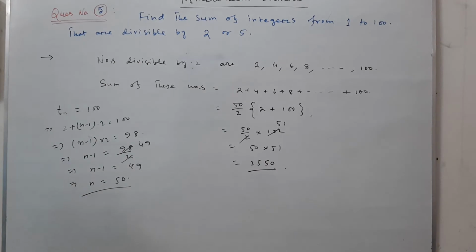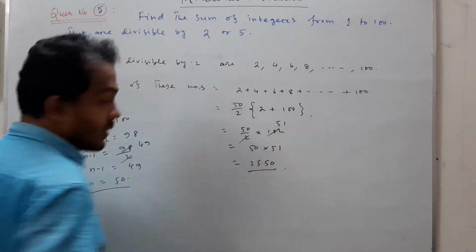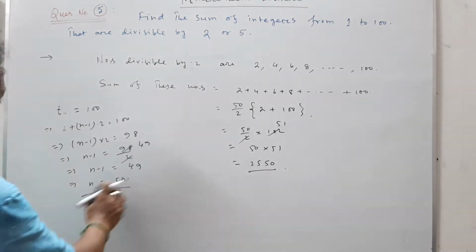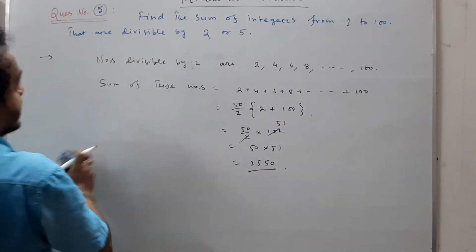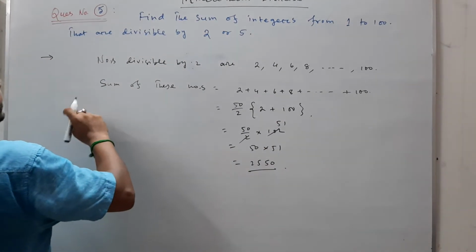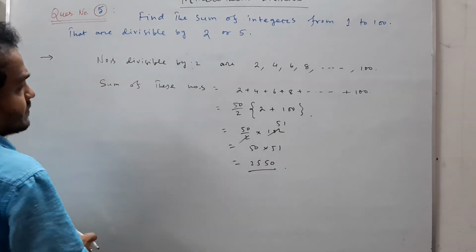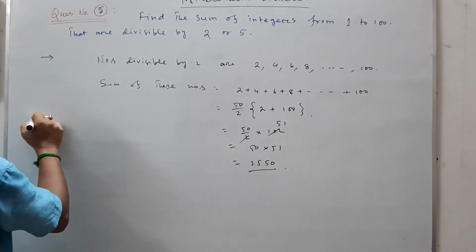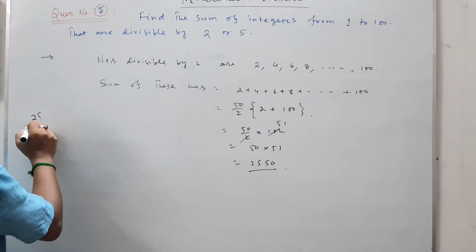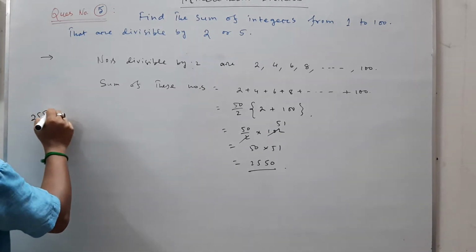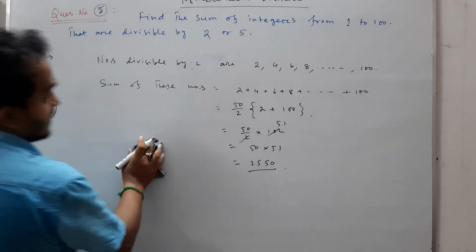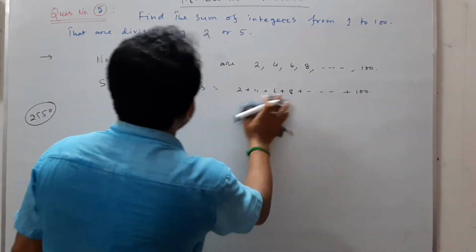This is the sum of the numbers divisible by 2, the sum of the even numbers.